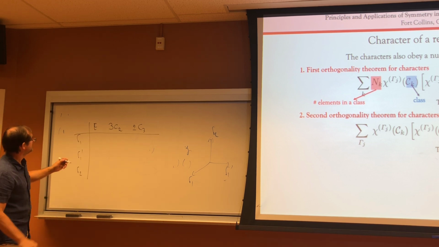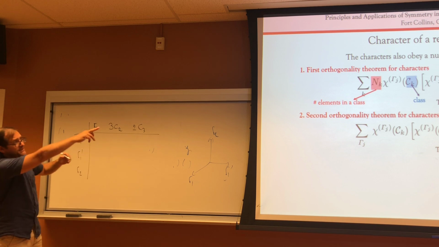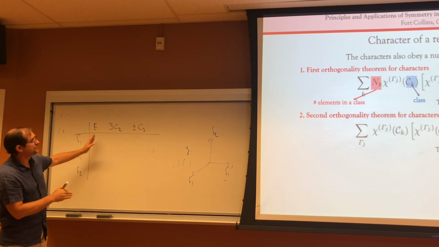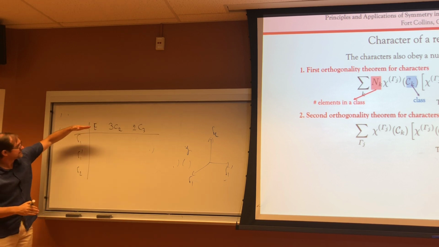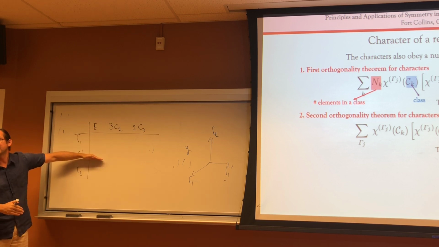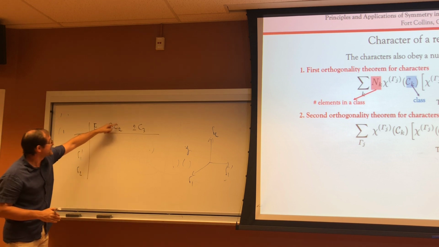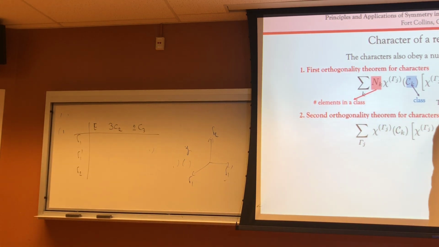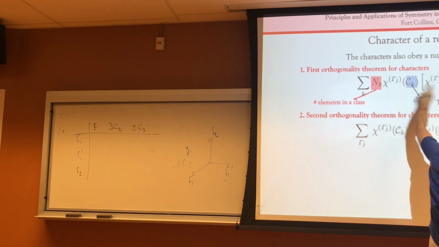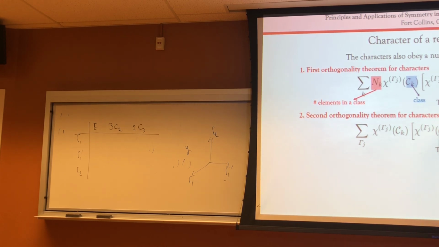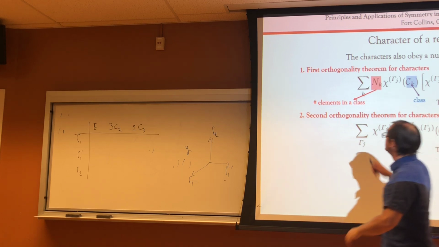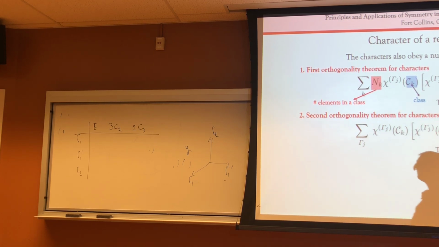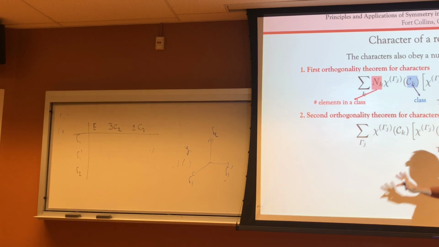So what this first expression means is that if you take two different representations, of the same transformation, of the same class, then you're going to have a certain sum that is equal to 0. So basically, the number of elements in a class times the product of the characters is equal to 0. We'll see very concrete examples of that.